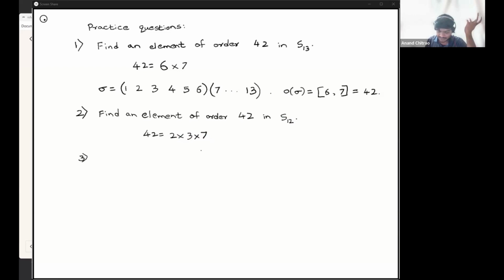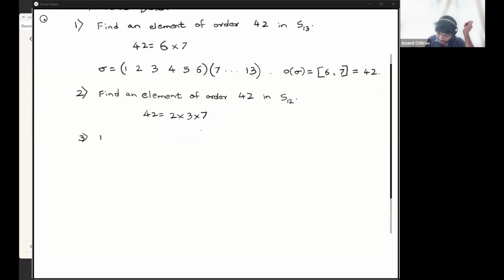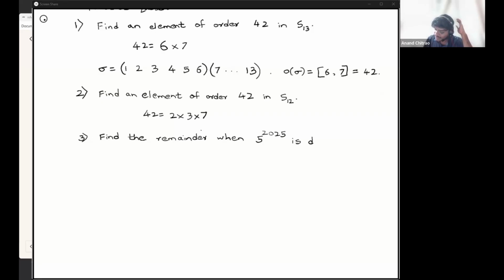Then the third problem. Find the remainder when 5 power 2025 is divided by 11. So how do you solve this?